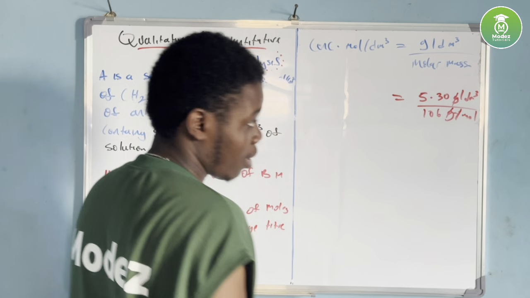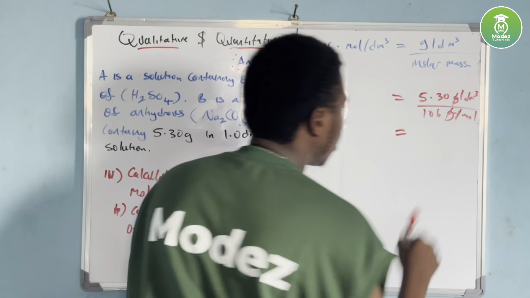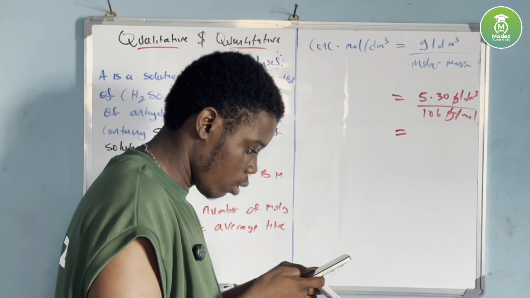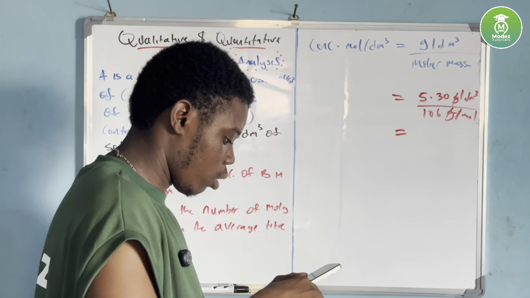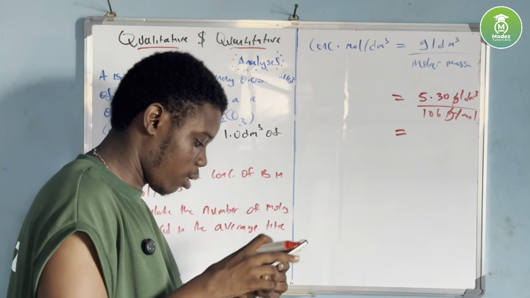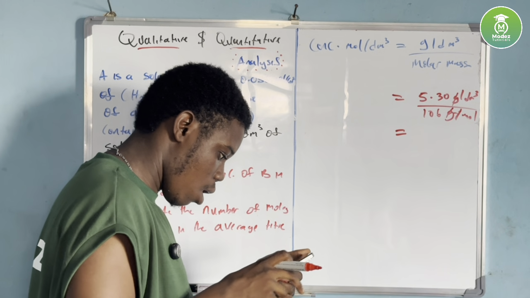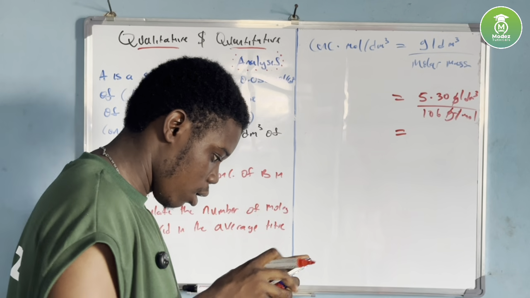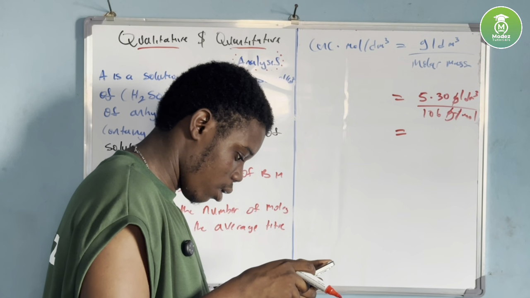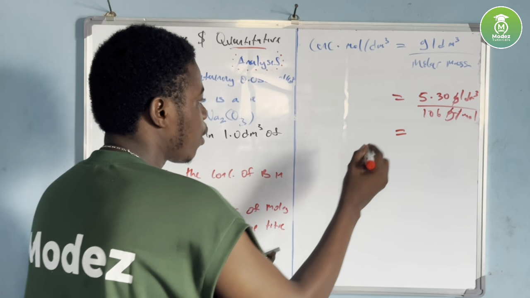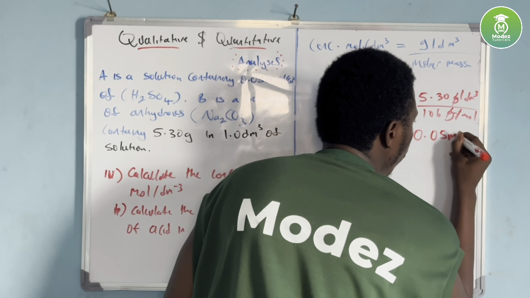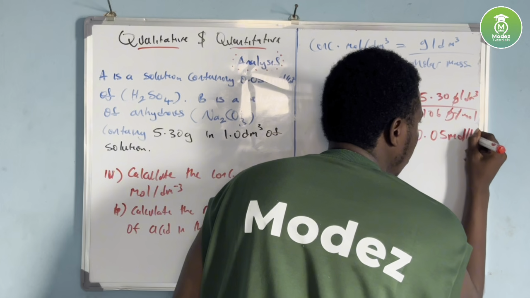so let me quickly punch this in the calculator because I don't know what this gives. All right, so this actually gives you 0.05 mole per dm cube.